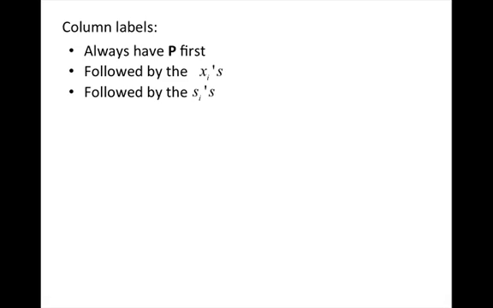For our column labels, we're always going to have the p first, and that comes from our objective function. We're going to follow it with all the x's, and then we follow the x's with the s's, the slack variables.